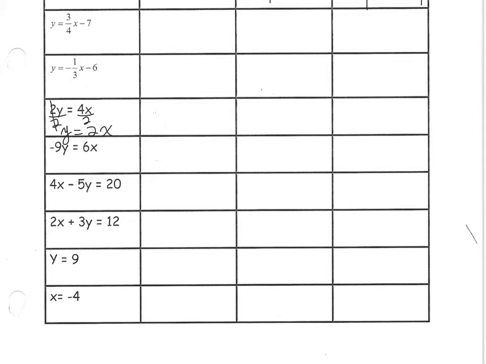Now, I'll look at the m on my new equation. The m on this one is 2. That means my parallel slope is going to be 2. Now I've got to find my perpendicular slope. That's going to be my negative inverse. So first off, I'm going to change the sign.